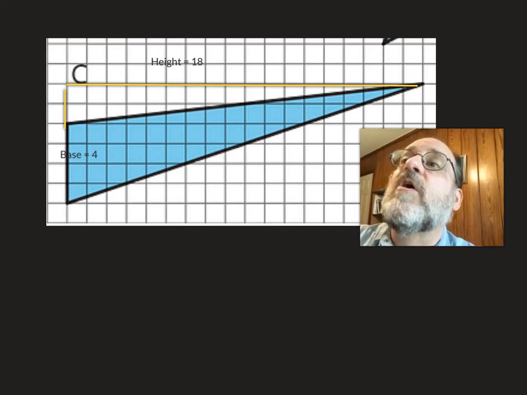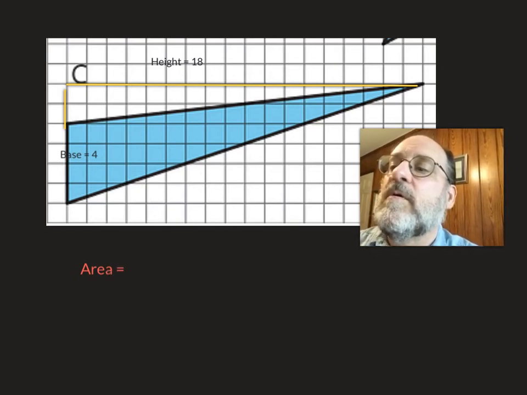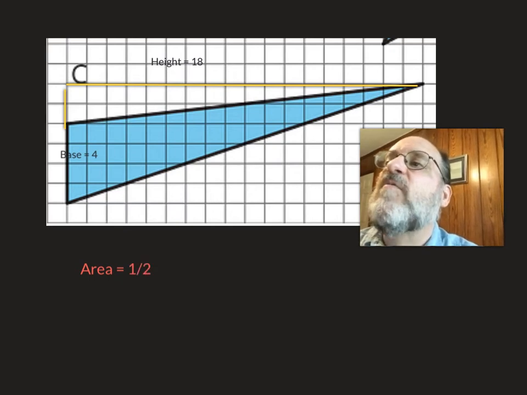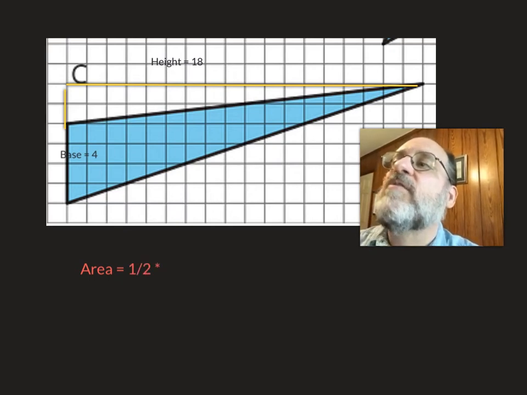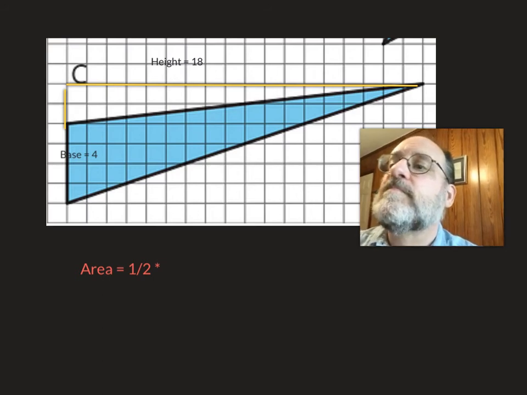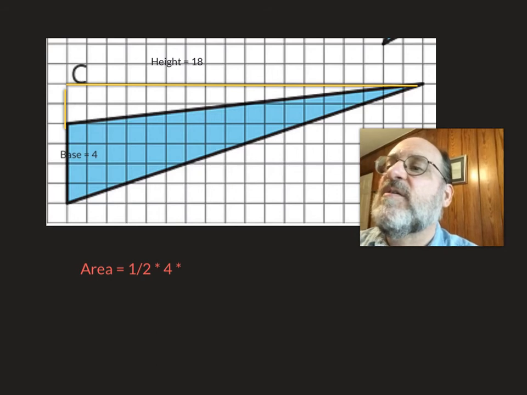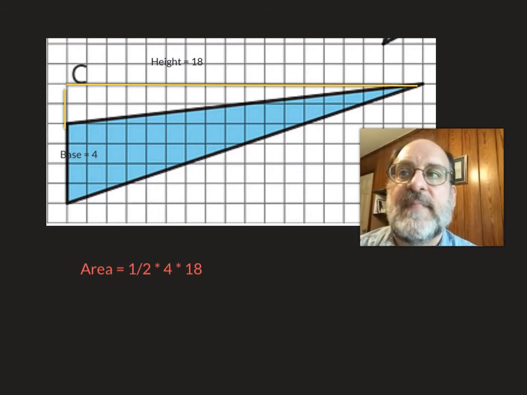We've got some large numbers in this case. So when I say my area has to be equal to, there's that 1/2 we always have, times my base, which was 4, times my height, which is 18.